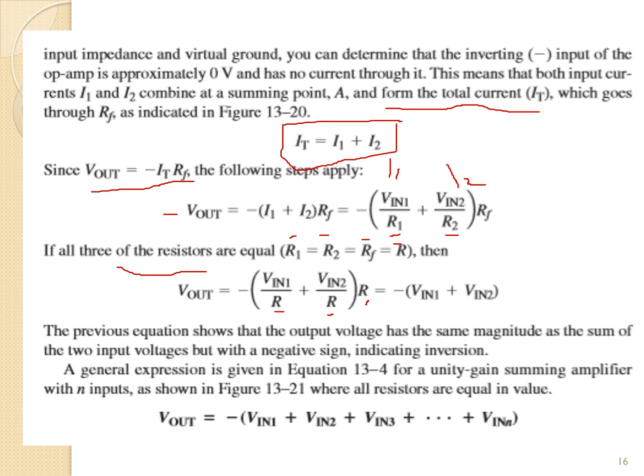If we simplify the equation, we will get V out is equal to negative V in 1 plus V in 2.